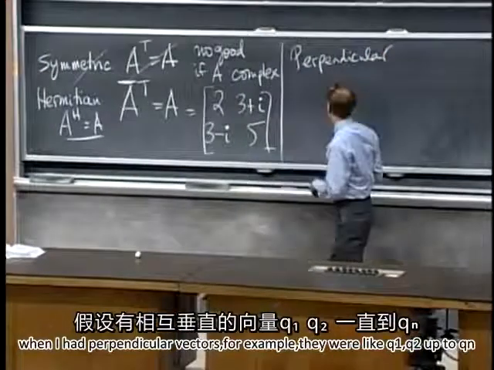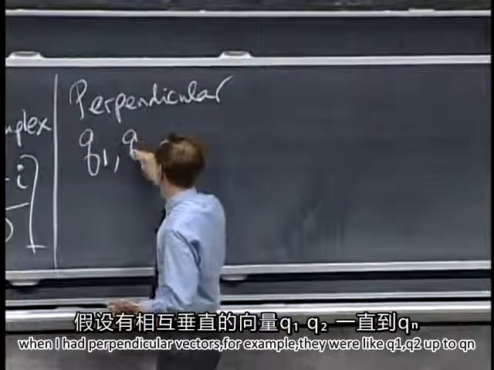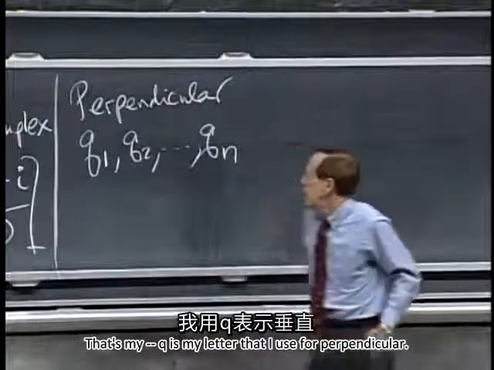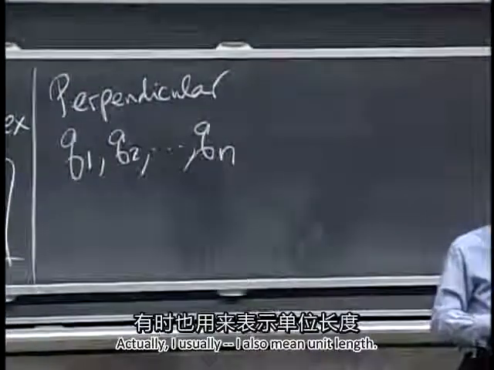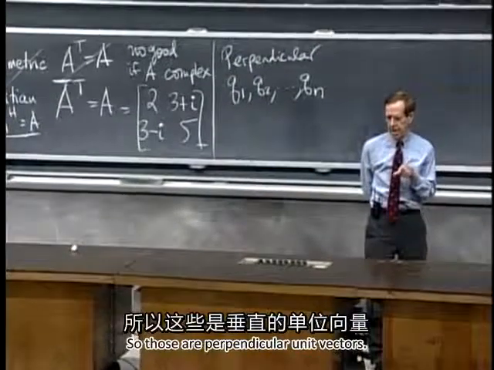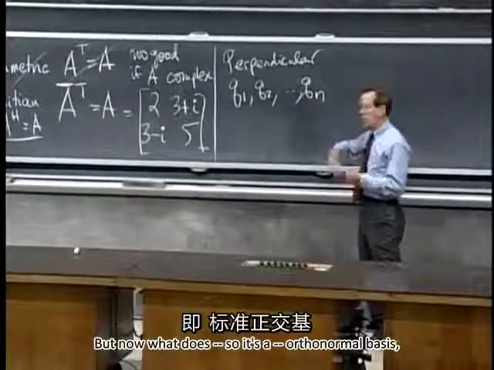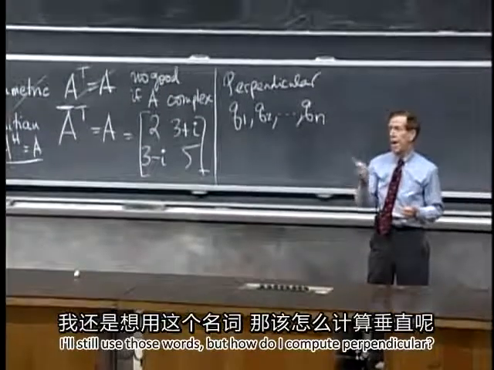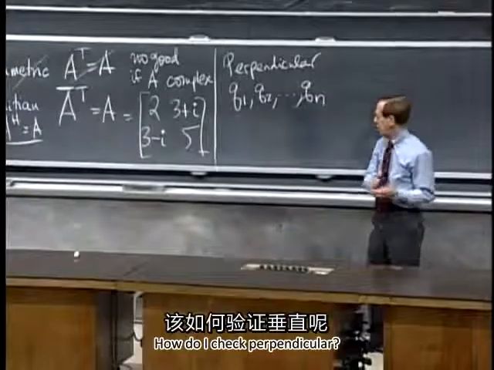Well, when I had perpendicular vectors, for example, they were like Q1, Q2, up to Qn. Q is my letter that I use for perpendicular. Actually, I also mean unit length. So those are perpendicular unit vectors, an orthonormal basis. I'll still use those words, but how do I check perpendicular?